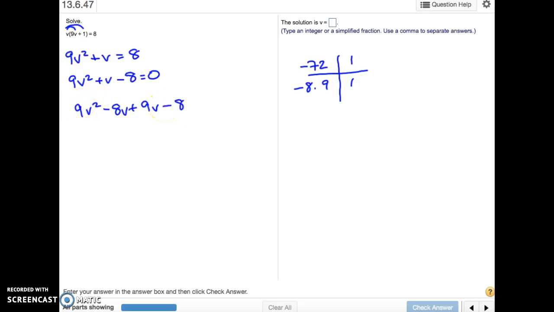And then I group, and I know when I wrote these down I said it one way and I flipped it around and wrote it the other way. It doesn't matter if you put the 9 here and the 8 here. As long as the 8 is negative and the 9 is positive, it would have worked out to be the same once you get your final answer.